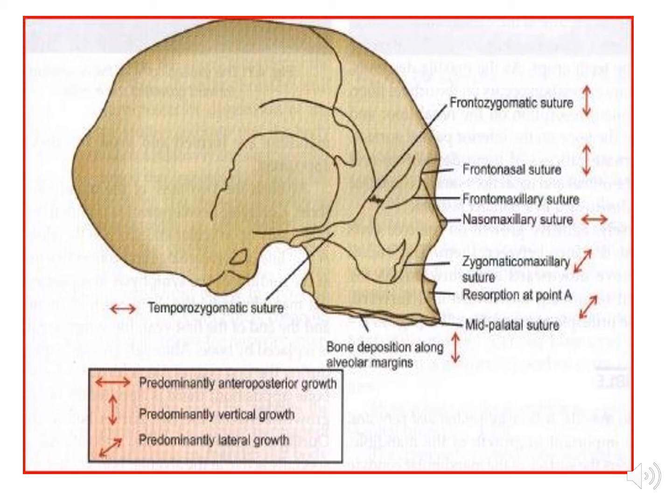Displacement of the bone forward and backward happens when the growth is happening at the nasomaxillary suture and temporozygomatic suture. The bone is displaced upward and backward when the growth is at the zygomaticomaxillary suture and the mid-palatal suture.